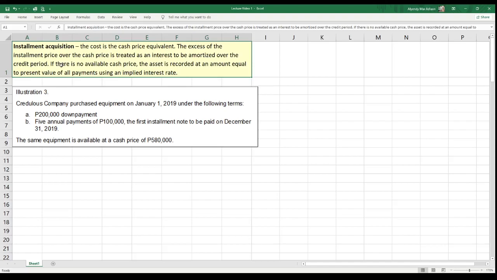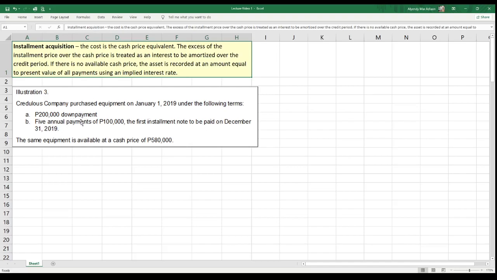For example, Credulous Company purchased equipment on January 1, 2019 under the following terms. First, Credulous will pay a 200,000 down payment. And then, after that, magbayad siya og 5 annual payments of 100,000, and that first installment is to be paid on December 31, 2019.